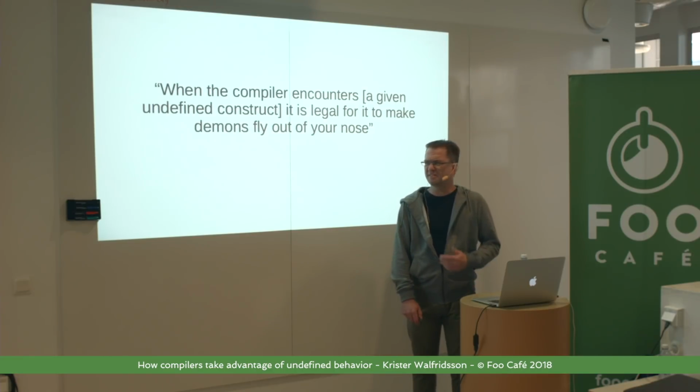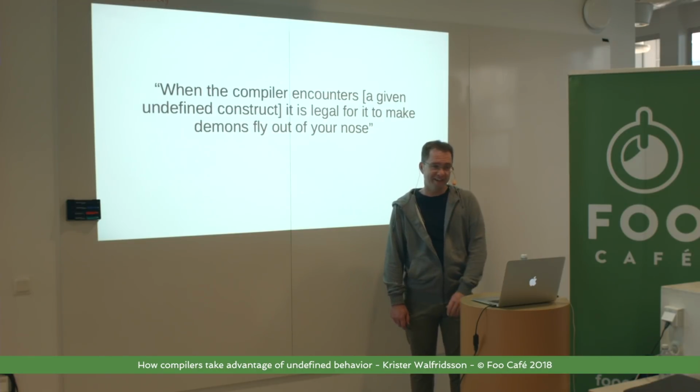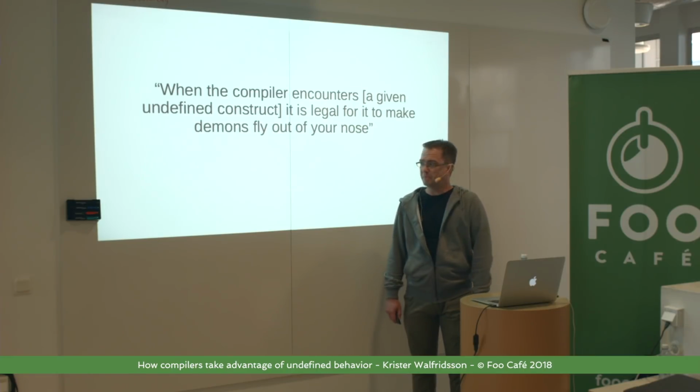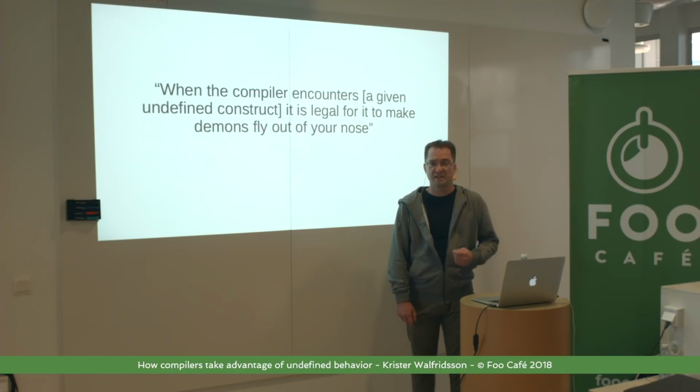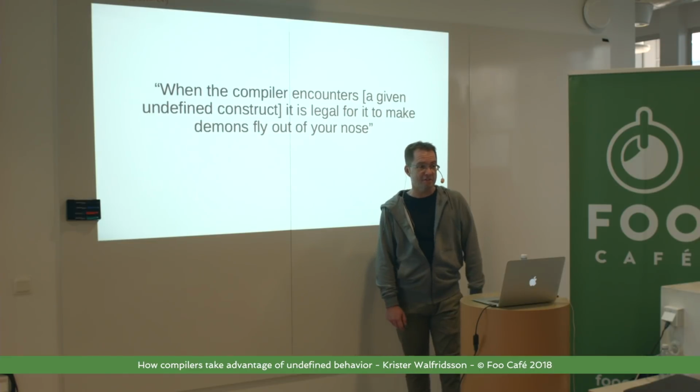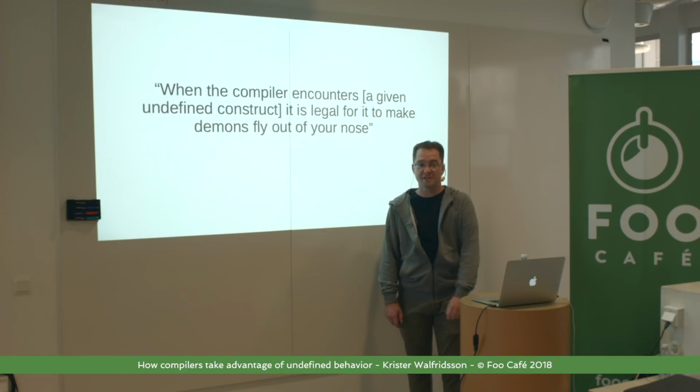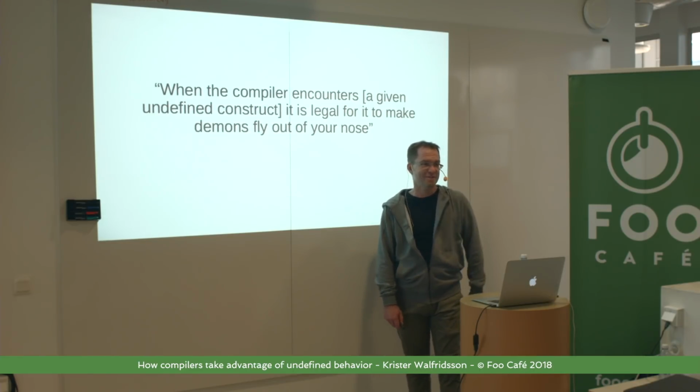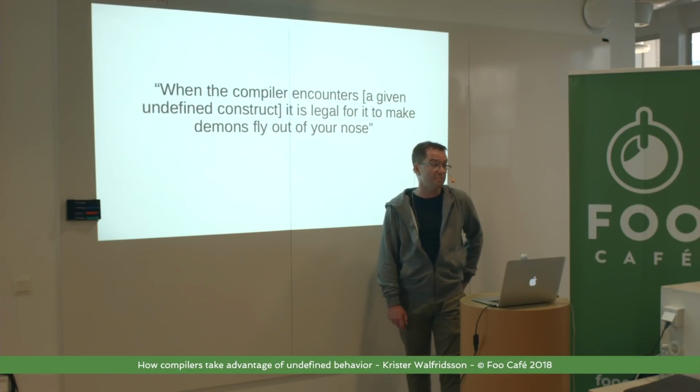And this is not really helpful. It mostly confuses the issue. People think that undefined behavior is something scary and something compiler developers have invented just to screw up your code. But there are actually real reasons why we must have this for C and C++.